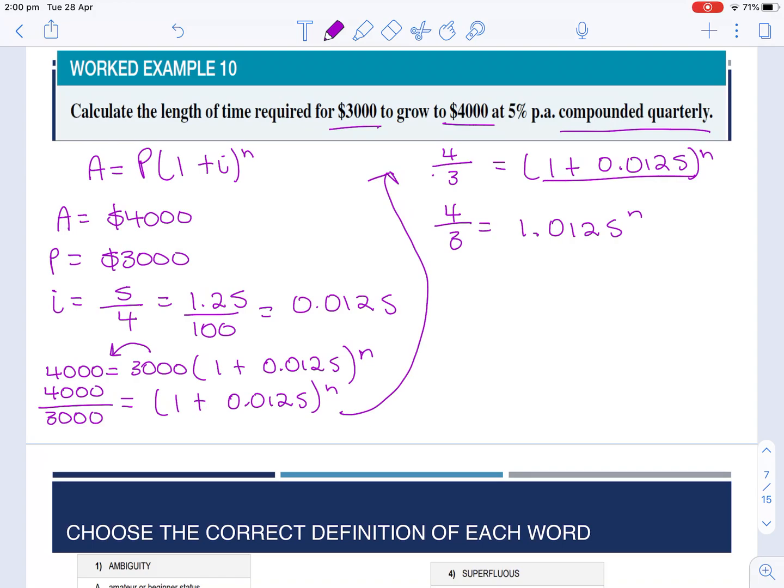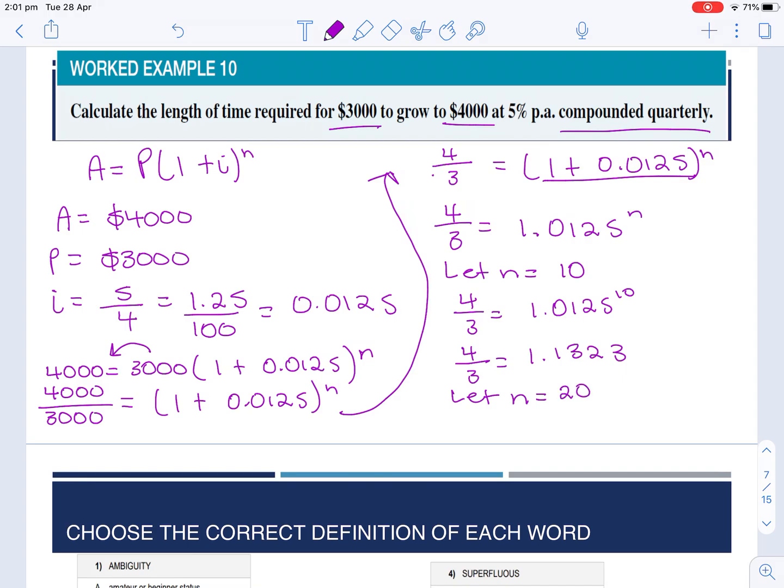I'm going to try a couple of values and see what we get. Okay, that doesn't work. So I'm going to let n equal 20.